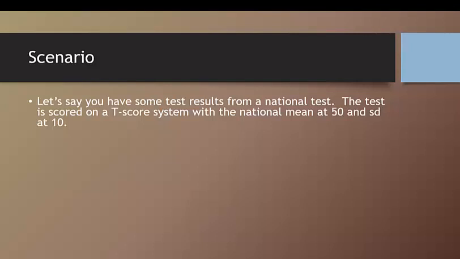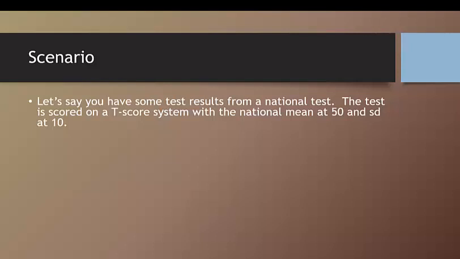Let's say you have the results from this test, okay, and the scores are given to you on a T-score system, and remember this is similar to a Z-score, except it doesn't have negative numbers. The national mean on a t-score is always 50, and the standard deviation is 10.